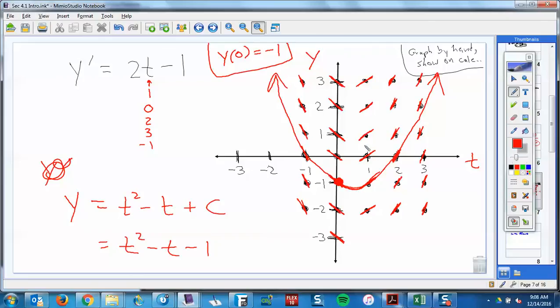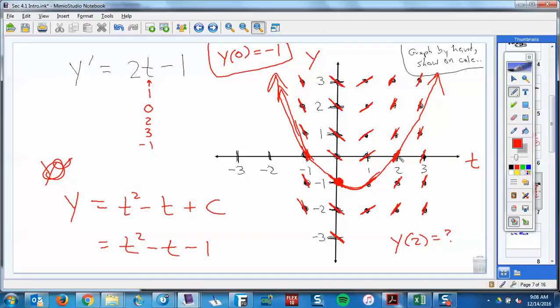But if you drew one here that went down and went this way, when the slope segment was saying it's going up like that, your graph better match as you draw it. This probably should have gone a little steeper right through here. Would you have some confidence if I said, what's y of 2?